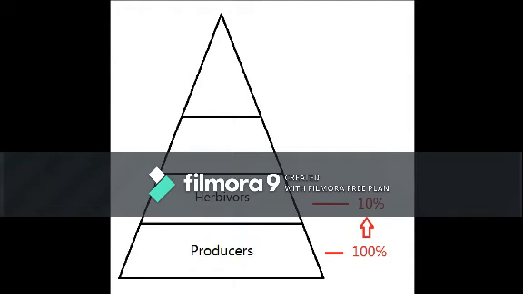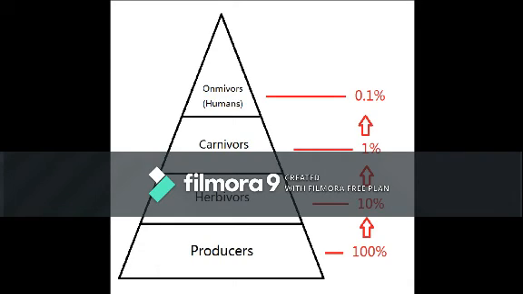Then this amount of energy will be utilized again in respiration. 10% as well of this amount of energy, which is 1% of the original amount, will be passed on to the secondary consumers, and so on to the tertiary consumers, like us humans. We are only taking 0.1% of the original amount of energy.